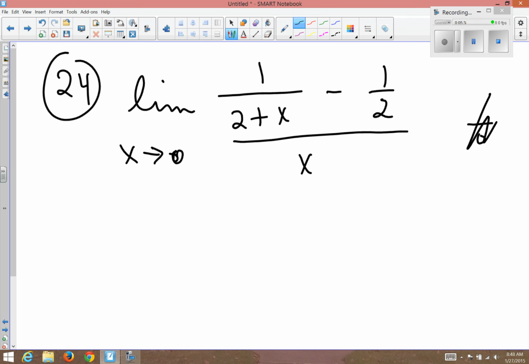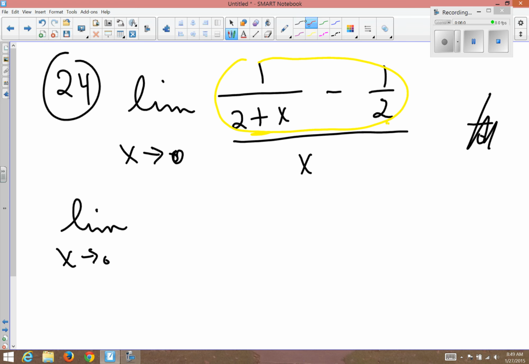Impossible to divide by 0. In previous math courses, like Algebra 2 trig, we would say multiply this numerator by 2 times 2 plus x, because then these fractions won't be fractions anymore.